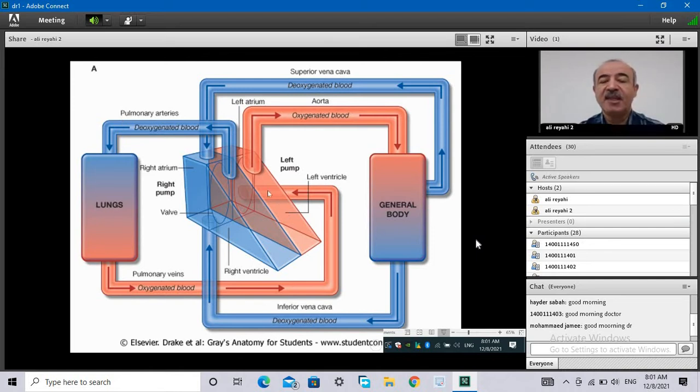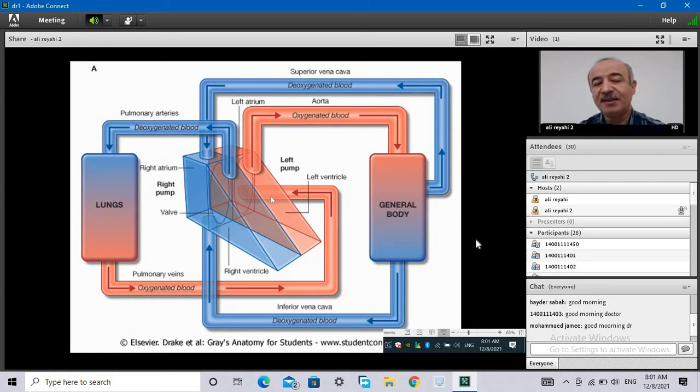You know that the heart has two halves, right half and left half. The right half circulates the deoxygenated blood, and the left half circulates the oxygenated blood to the body.